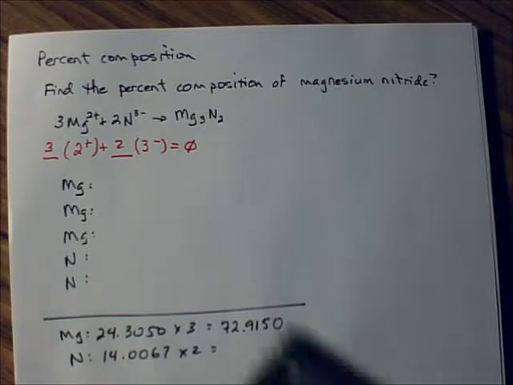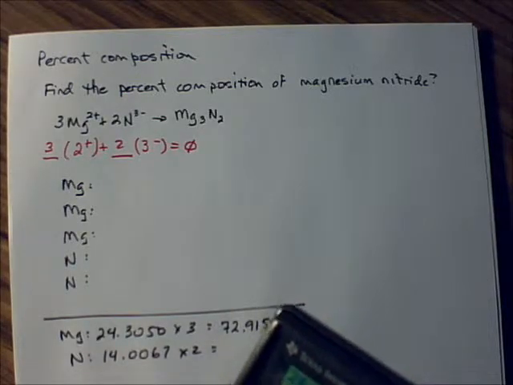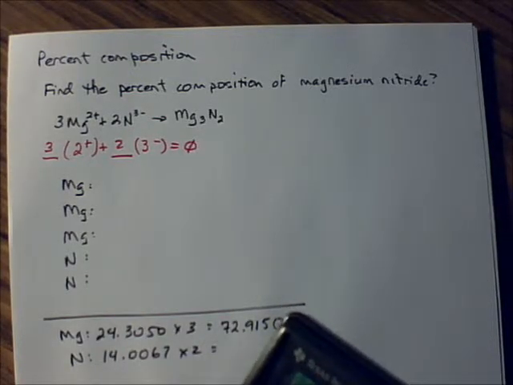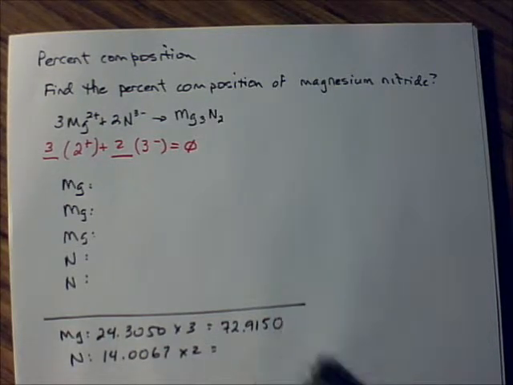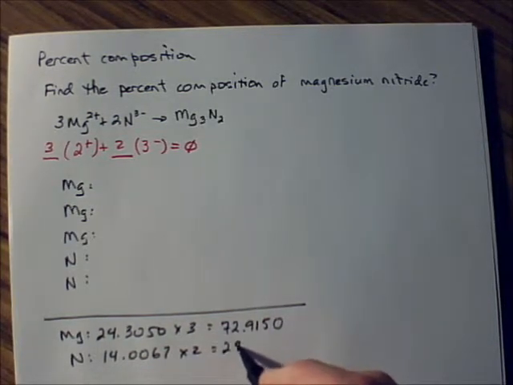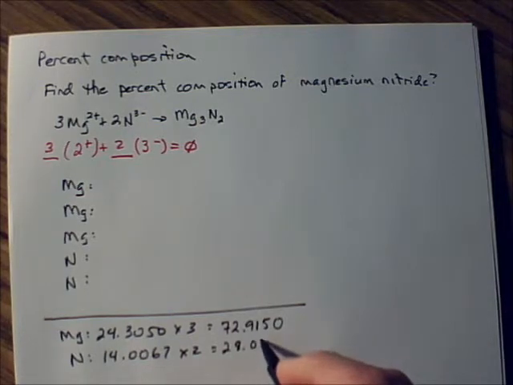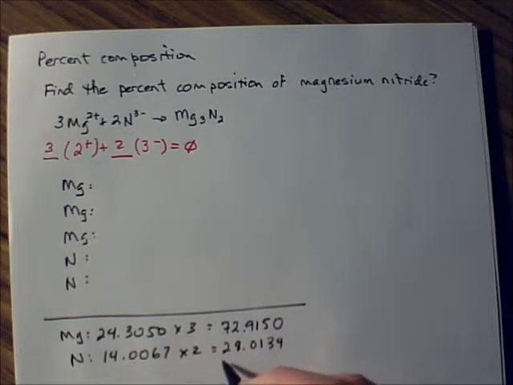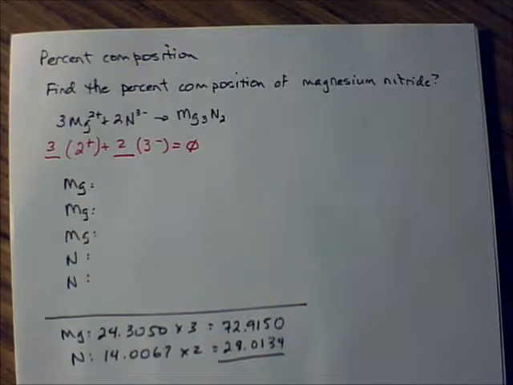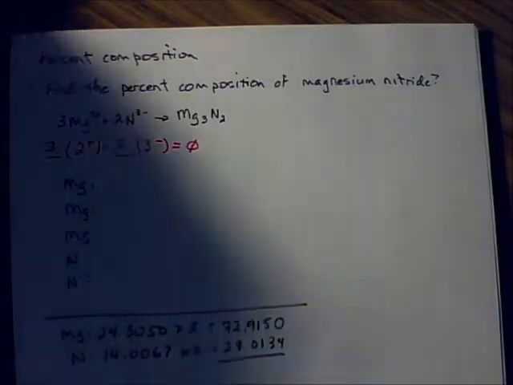All right, 14.0067 times 2, 28.0134. And we add these together, there's no empty slots, so we're not going to round off this addition.